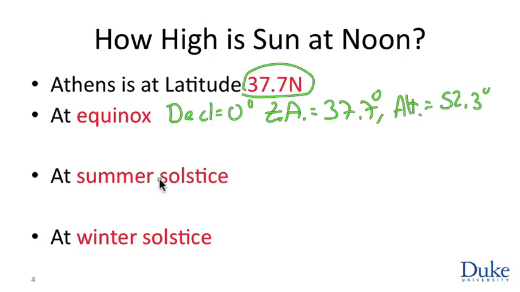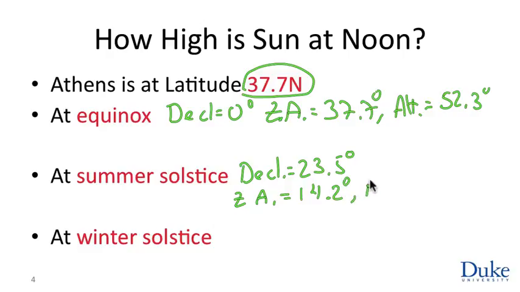At the summer solstice, which is June 21st, so this is the northern summer solstice, the sun has reached a northern declination of 23.5 degrees north. The zenith angle, therefore, at noon, is the difference between our latitude and the sun's declination, which at this point is only 14.2 degrees. So, at noon, in midsummer, the sun in Athens will reach an altitude of 75.8 degrees in the sky.